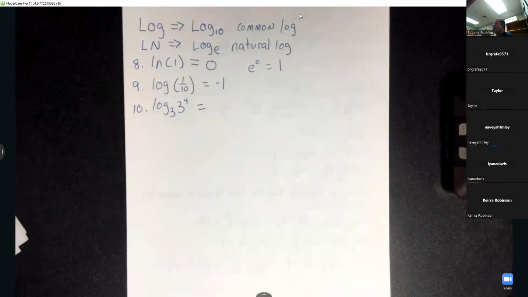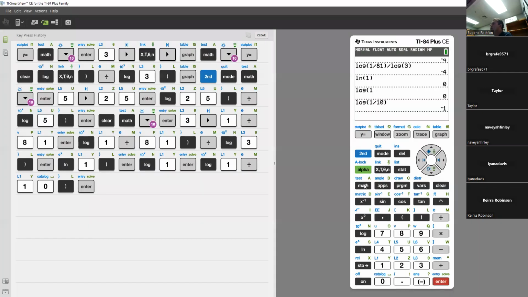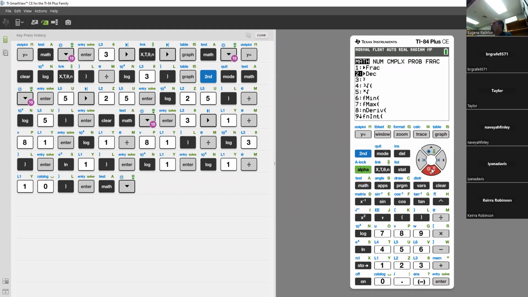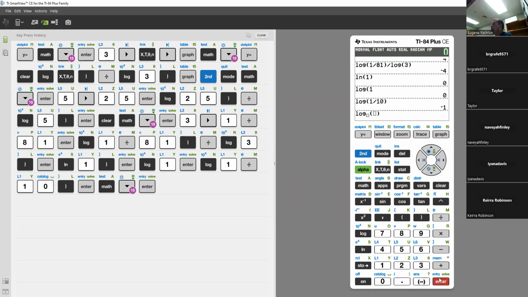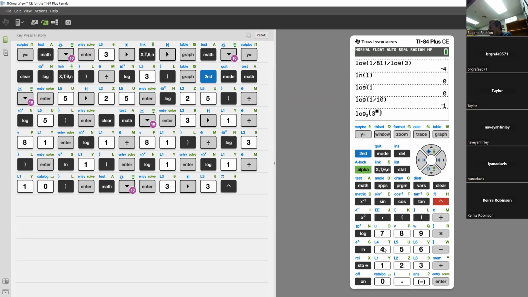I can do that both ways on that calculator. Since it's a base 3, remember, I got to go in and use my log base. So I would hit math, go down to log base, hit enter. My base was a 3. My result was a 3 with an exponent of 4.